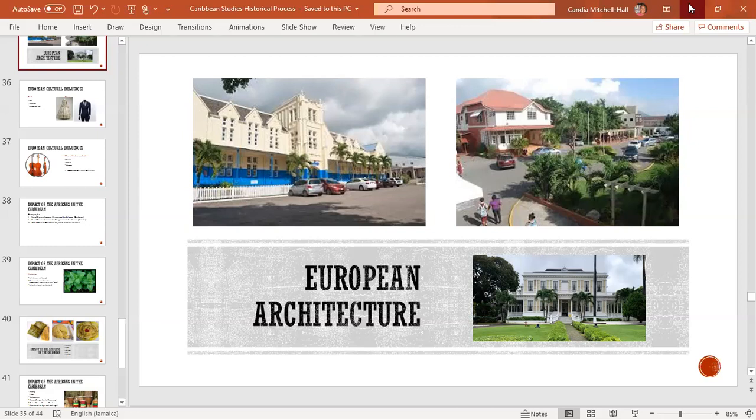So after COVID, tell the parents that you need to make a trip down to Curacao because the buildings there, I'm going to show you a view of it. It's one of the most beautiful Caribbean cities that I've gone to.